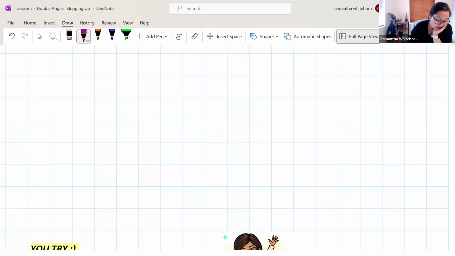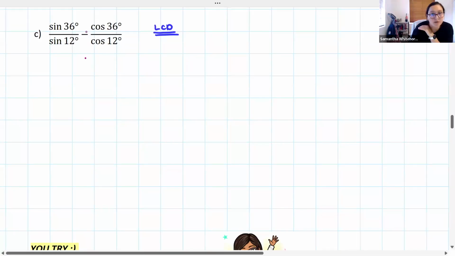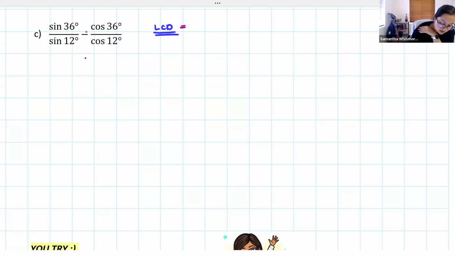If I have a look at this, remember your LCD, you take each unique factor of your denominators, and that becomes your LCD. So this would be sine 12 cos 12. So this first fraction is missing a cos 12. Remember what you multiply in your denominator, you multiply your numerator, and this is going to be cos 12. Same thing, what you do to the bottom, you do to the top.